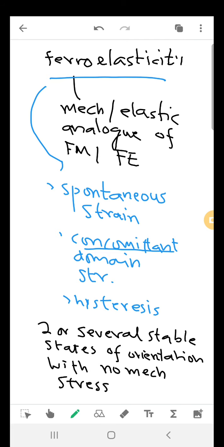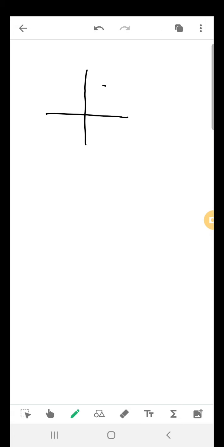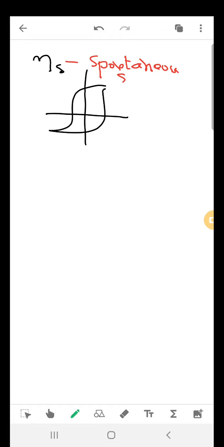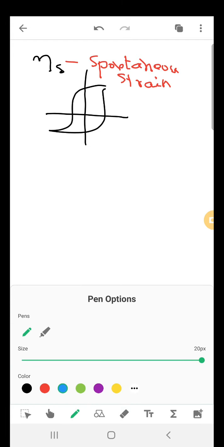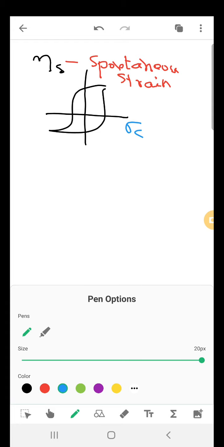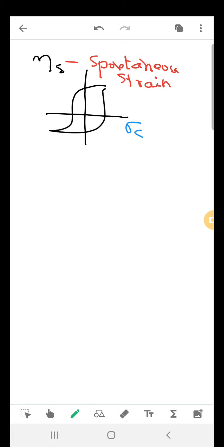So, when we draw the hysteresis plot of a ferroelastic material, it is basically between sigma s, which stands for spontaneous strain, and sigma c, which stands for coercive stress.